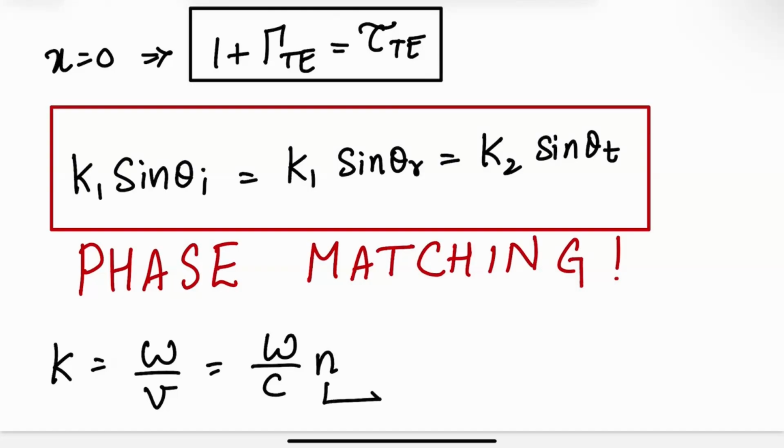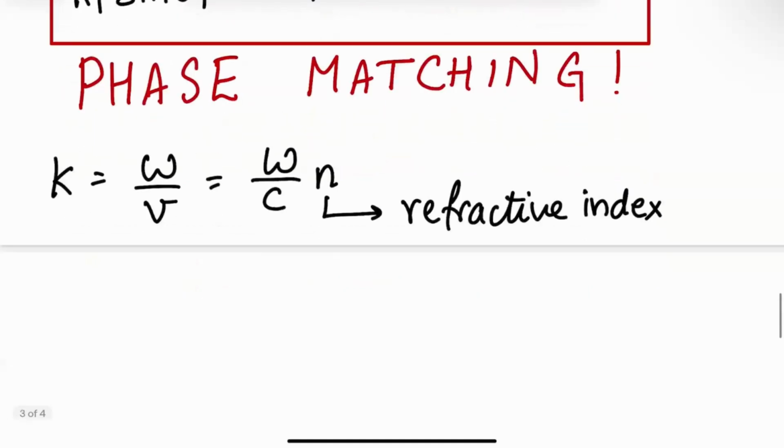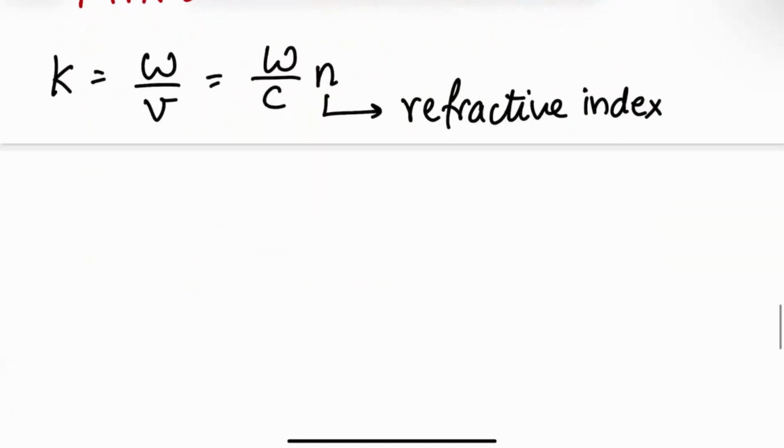And this n is called the refractive index. Refractive index is often defined as the ratio of velocities, right? So I can write k as omega square root of mu epsilon, assuming that mu is mu naught.